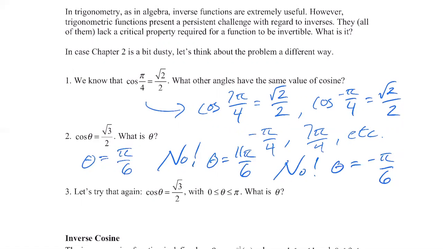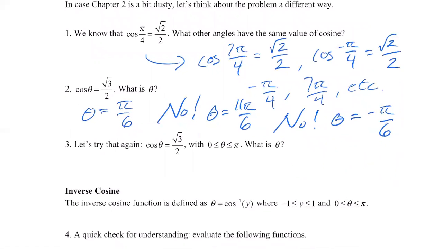Let's try that again. The cosine of theta equals root 3 over 2 with 0 less than or equal to theta less than or equal to pi. What is theta?